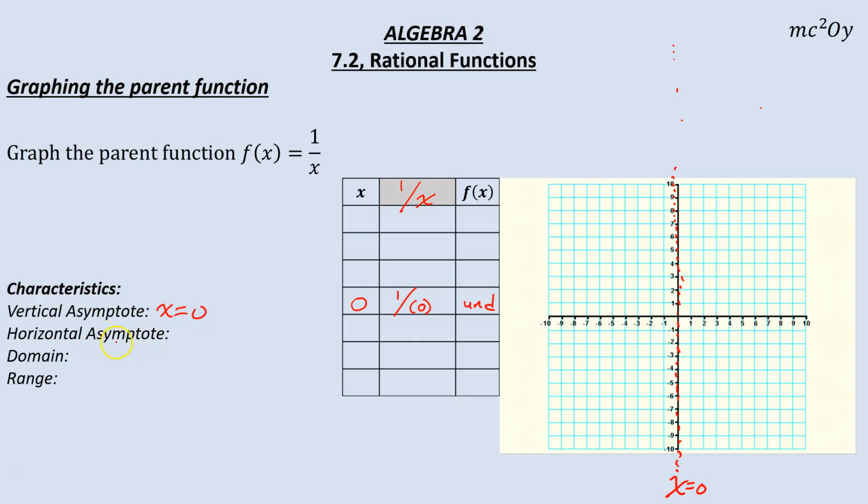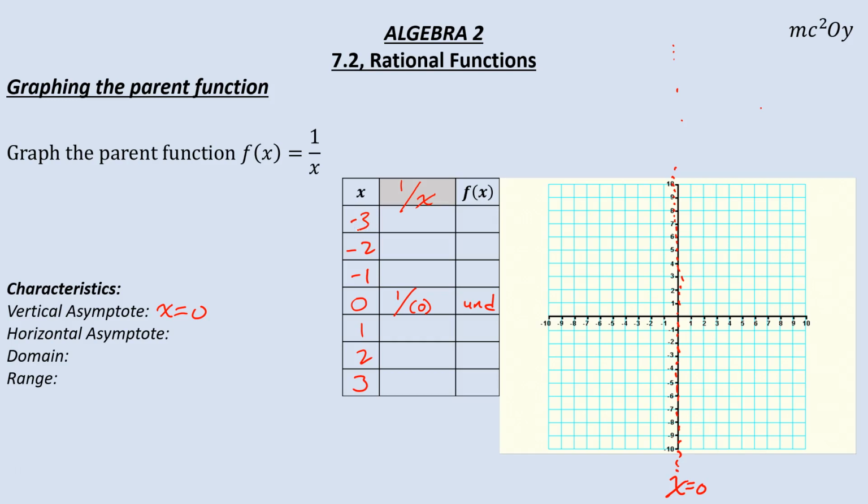Now a horizontal asymptote is a line that we approach but never reach, or we get really, really close to. We may end up crossing it, but it runs horizontally, and it will be seen when we actually graph this. So using this as my starting point, I'm going to make x 1, 2, 3, negative 1, negative 2, and negative 3.